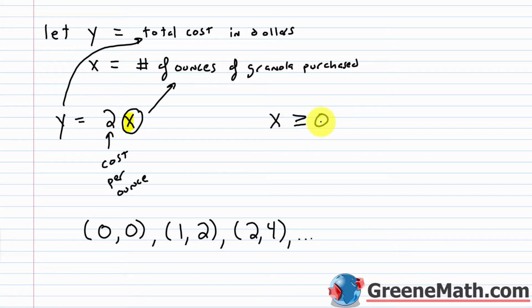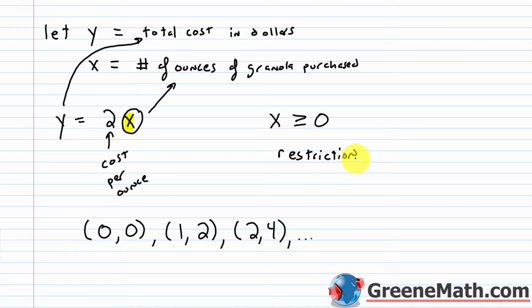So x is greater than or equal to 0 here, specifically because I can't walk into a grocery store and say, hey, I'd like to buy negative 18 ounces of granola. Maybe that's you selling granola or something like that, but we're not going to get into any complicated scenarios like that. We're just going to say that we can only buy 0 ounces of granola or some positive amount. So there's a restriction here.